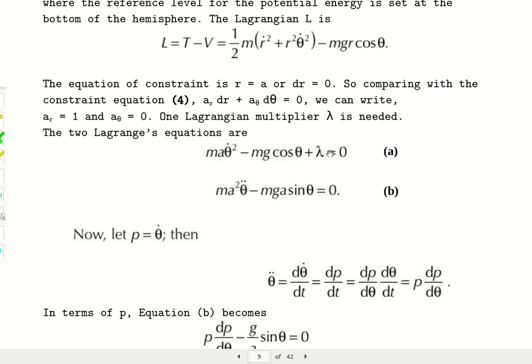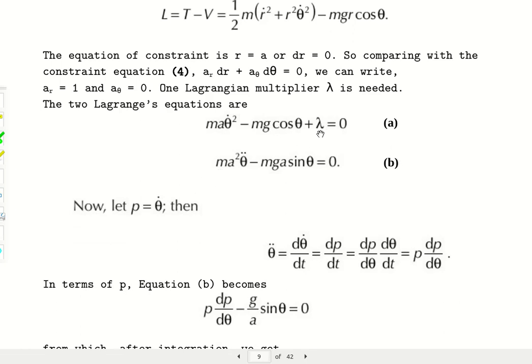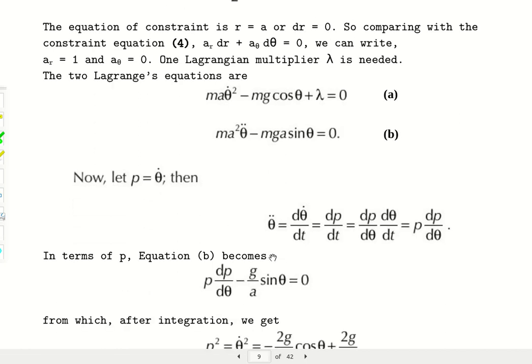So the first equation contains the Lagrangian undetermined multiplier. To find the undetermined multiplier first, we will use this technique. Let us suppose a variable p is equal to theta dot. Then theta double dot is equal to p into dp d theta.